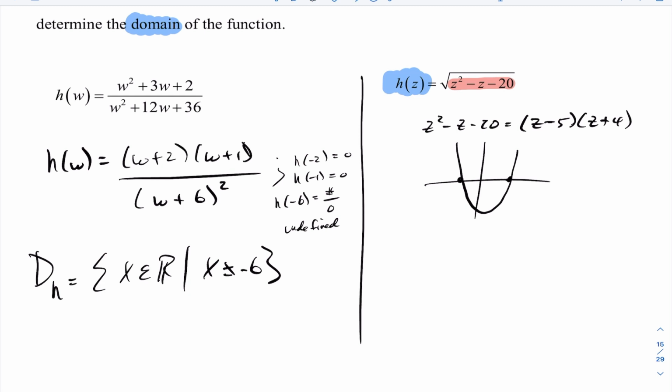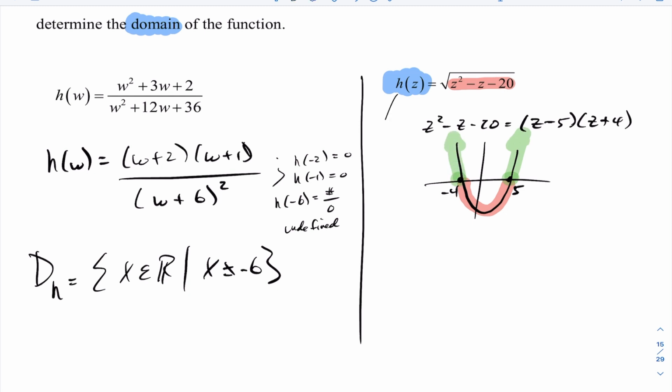And I can tell that for this quadratic, the values between -4 and 5, we can see that that quadratic is below the x-axis, in which case we'd be taking the root of a negative number. So the domain that I'm interested in, let's highlight this in green, is I want everything at 5 or greater, or at -4 or less.